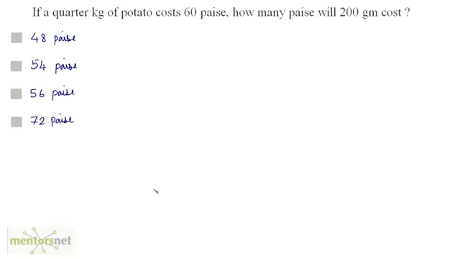If a quarter kg of potato costs 60 paise, how many paise will 200 grams cost? Well, again the quantity of potatoes is directly proportional to the costs involved, right? So I can take the ratio of the quantity of potatoes to cost as directly proportional to another ratio of quantity of potatoes to cost.